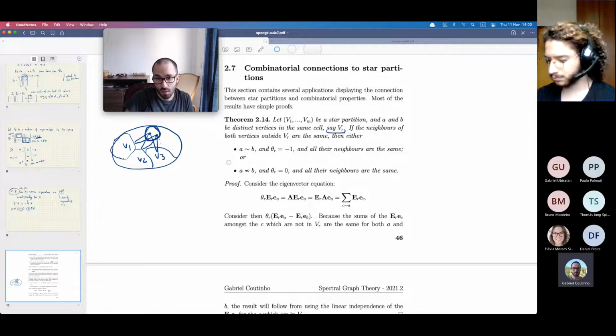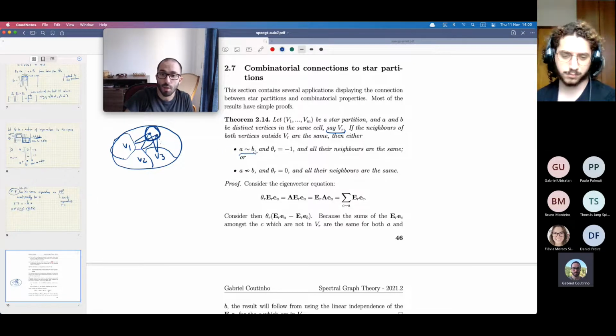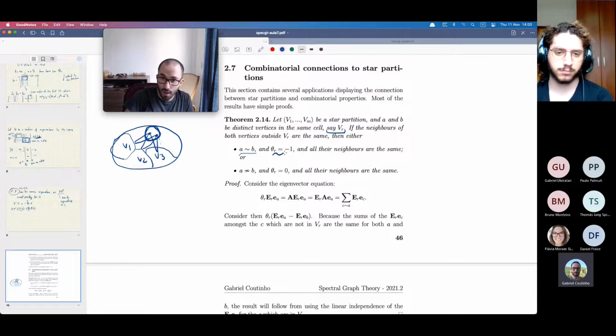And then I'm saying that this allows for only two possibilities. Either they are neighbors themselves, the eigenvalue is -1, and all of their neighbors are the same, including those within the partition, the cell they are in, or they are not neighbors, the eigenvalue is 0, and all of their neighbors are the same also.